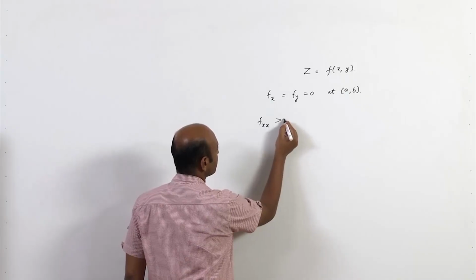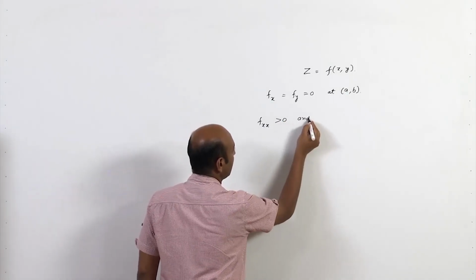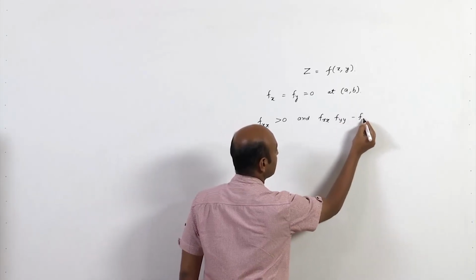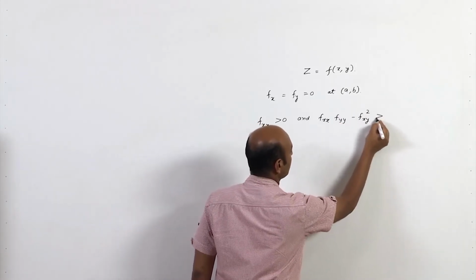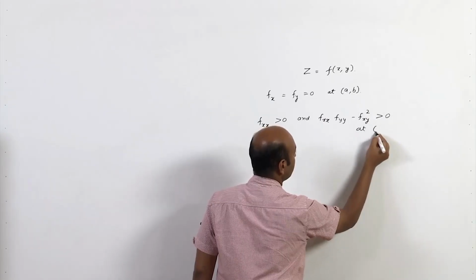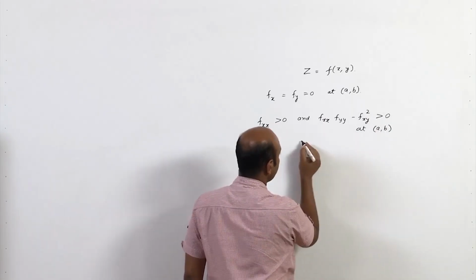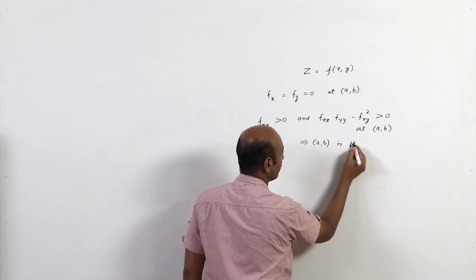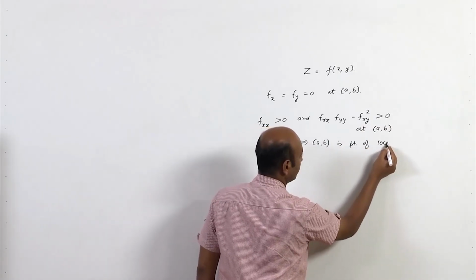If fxx is positive and fxx fyy minus fxy square is also positive at (a, b), this implies (a, b) is a point of local minima.